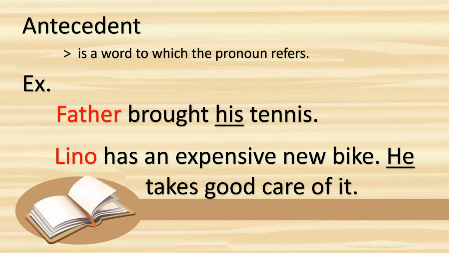He takes good care of it. We are talking of Lino, who has an expensive new bike. The word "he" is referring to Lino. Since Lino is being referred to by that pronoun, Lino is our antecedent.